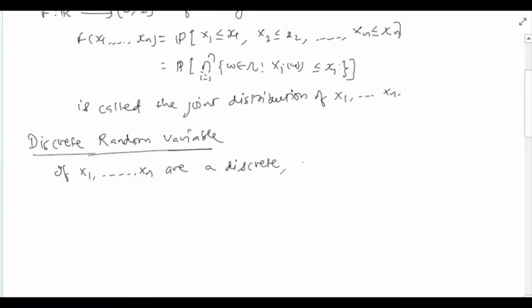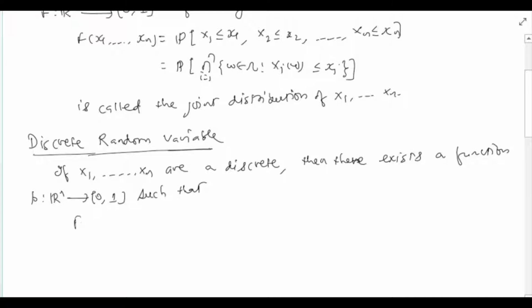Then there exists a function p, again from Rn to [0,1], such that the joint distribution F(x1, ..., xn) is equal to the sum over y1 less than or equal to x1, y2 less than or equal to x2, ..., yn less than or equal to xn of p(y1, y2, ..., yn).